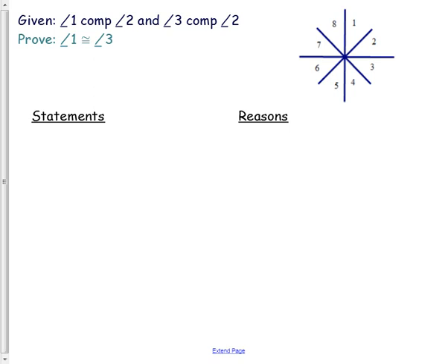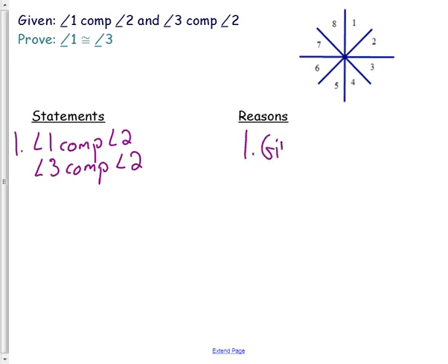On this proof, we are given that angle 1 is complementary to angle 2. So we'll copy that down. Angle 1 complementary to angle 2. Angle 3 complementary to angle 2. Reason being given.